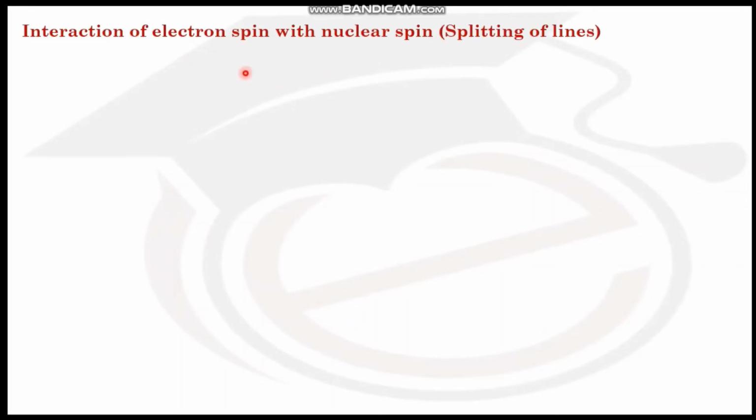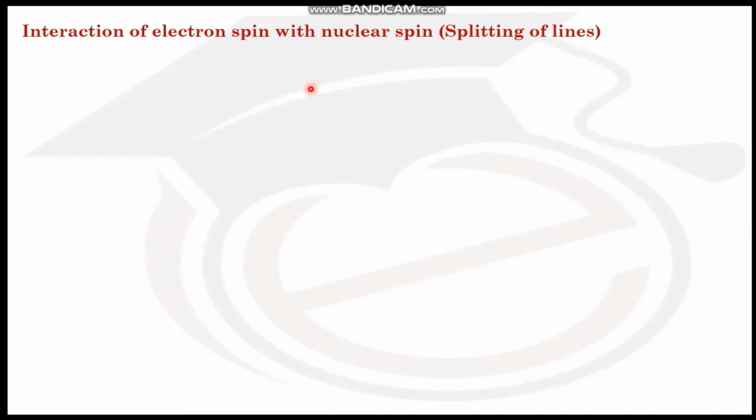Now we can consider the interaction of electron spin with the nuclear spin, or the splitting of lines. In NMR, let's consider proton NMR. In proton NMR, first we have to find out how many non-equivalent protons are there, and that many signals we get. In the case of C13, how many non-equivalent carbon 13 carbons are there, that many signals we get. Number of non-equivalent nuclei equals number of signals.